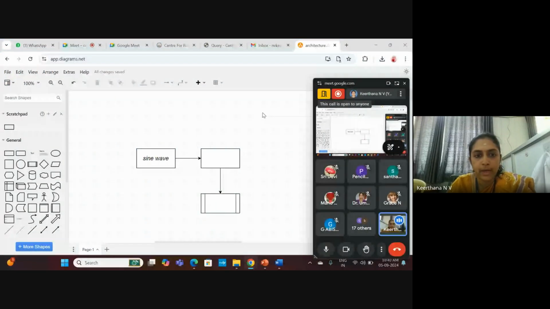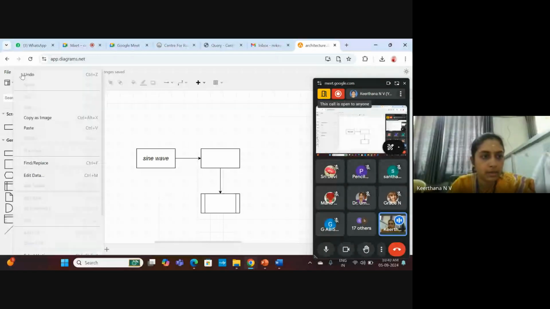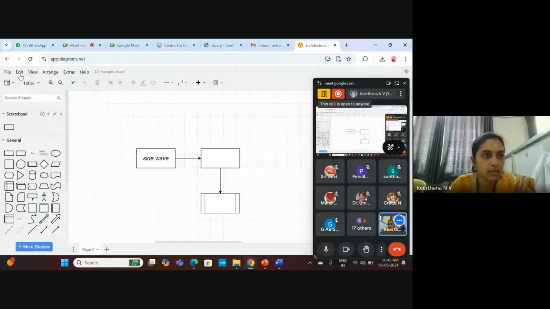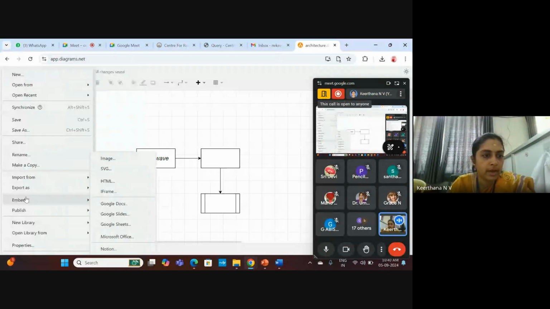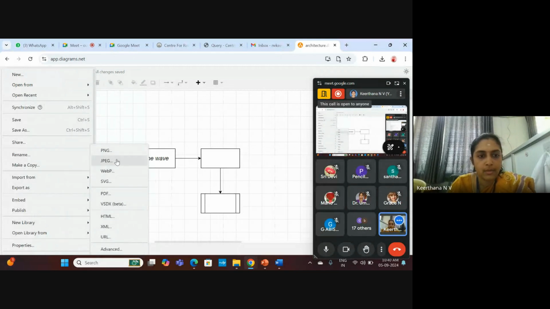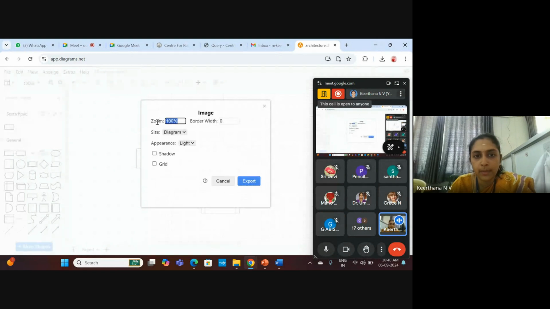Before saving it, in the edit option, you can export it as a JPEG file, and before saving, please give the zoom as 300% or above. Then only the image will be in a clear format. So don't use 100. It is advised to use 200% or 300% or above.